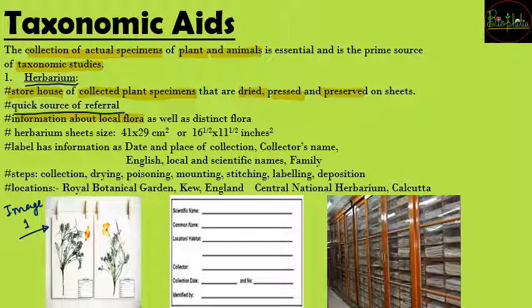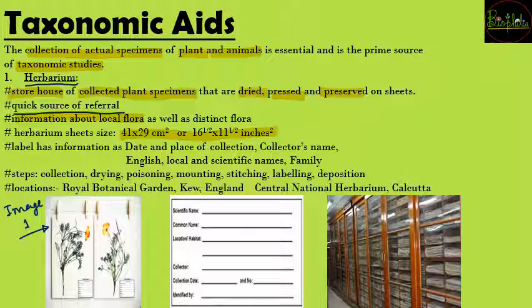Now, each and every herbarium के पास sheets होती है where you are going to preserve the plant specimens, and that sheet that you are going to preserve, that needs to have a specific size. So size is mentioned over here. In this size you are going to store the herbarium sheets.